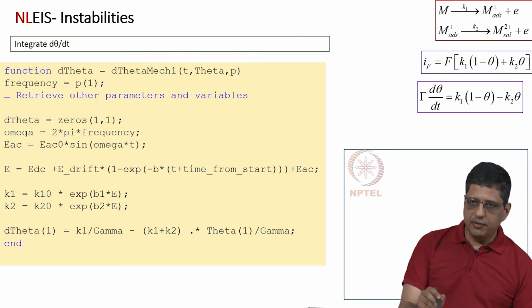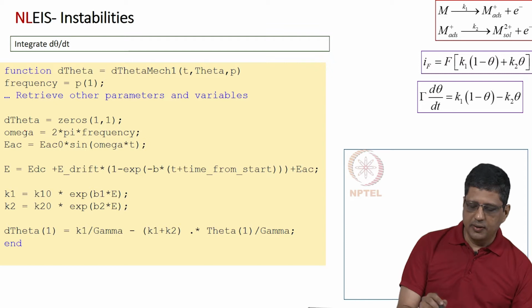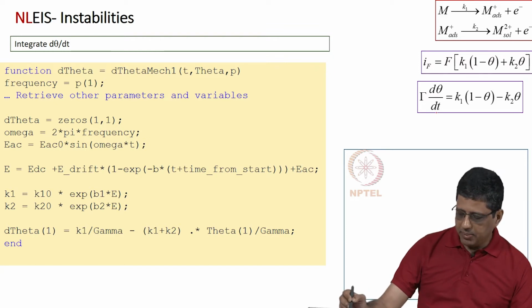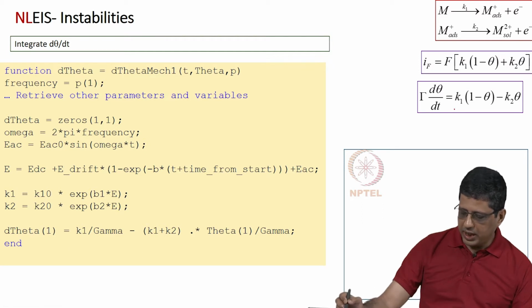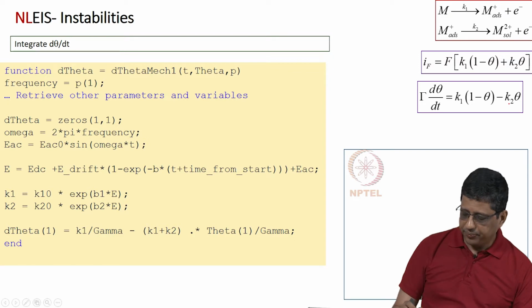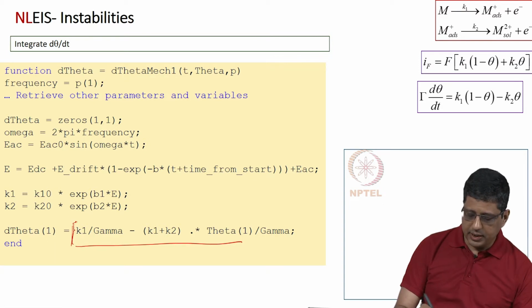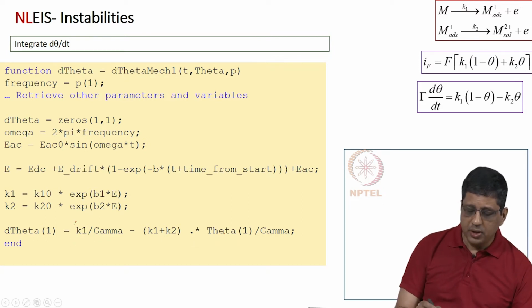So, for the integration we have passed on these parameters, we calculate the theta using this equation. D theta by dt is given by k1 minus k1 plus k2 theta. Yeah, this is correct, okay, and this has to be divided by gamma value.